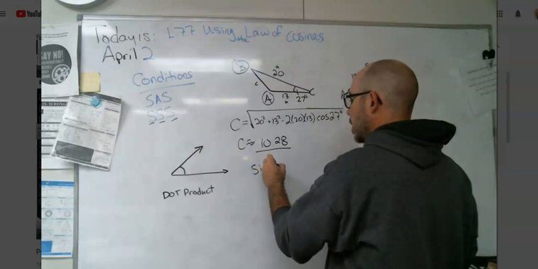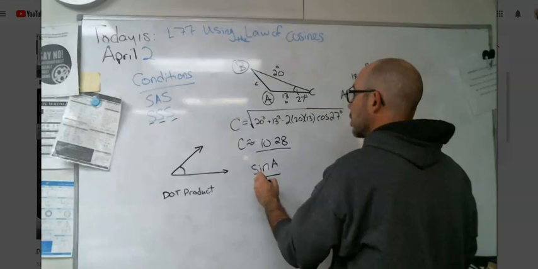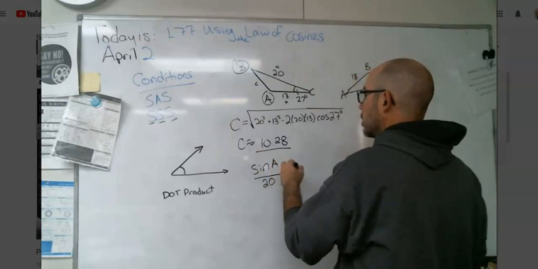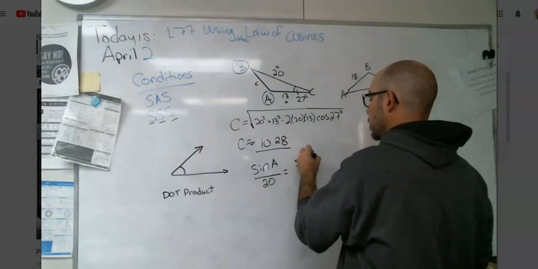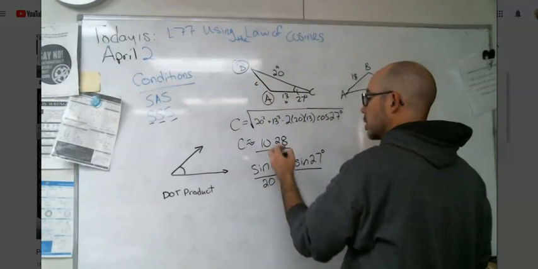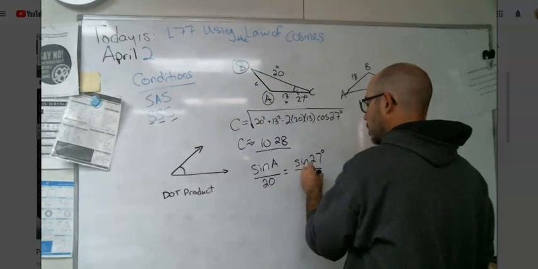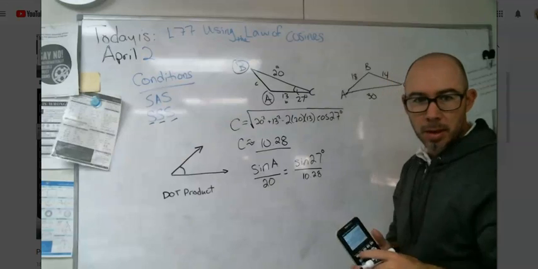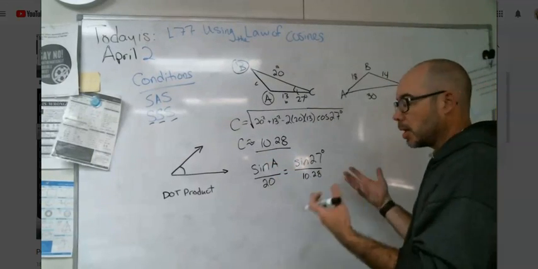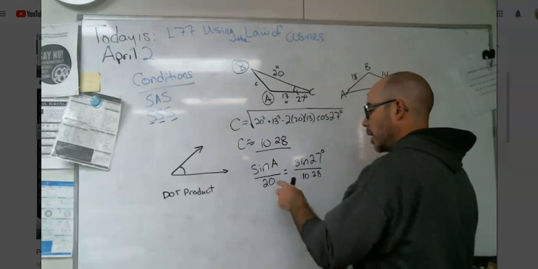That is, sine A is to side A, 20, as the sine of C, 27 degrees, is to side C, which we said is about 10.28. So again, I only have one unknown at this point because I selected the information that I had.